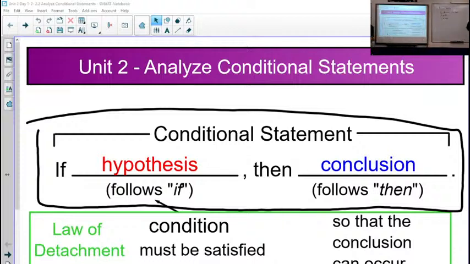So the part that I'm telling you is true is the condition. That's why it's called a conditional statement. And then what you can guarantee me has to be true is the conclusion that you can make.